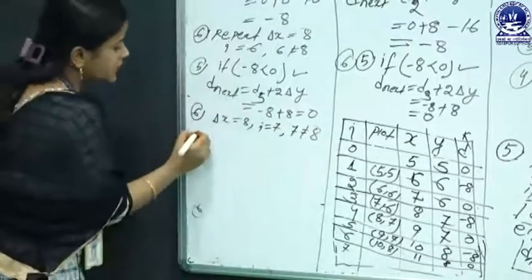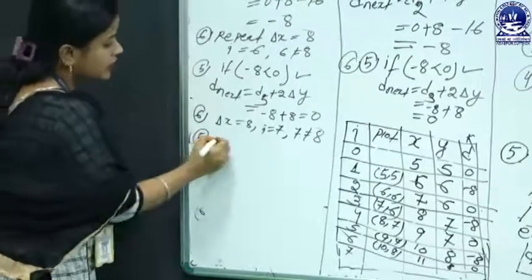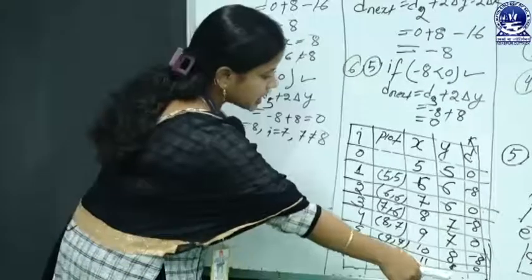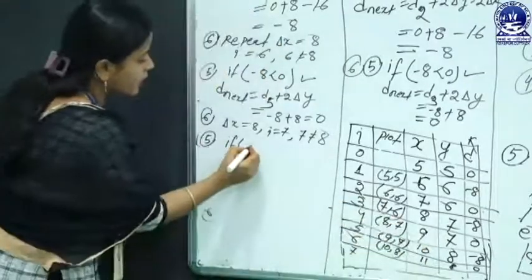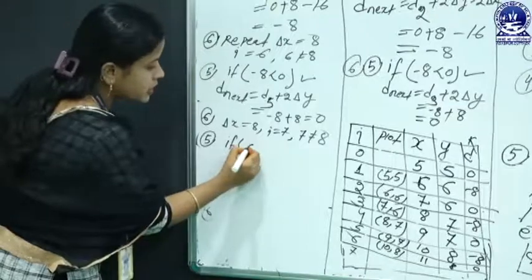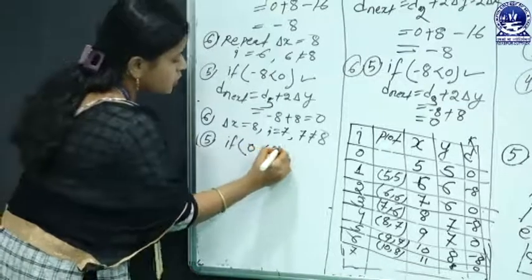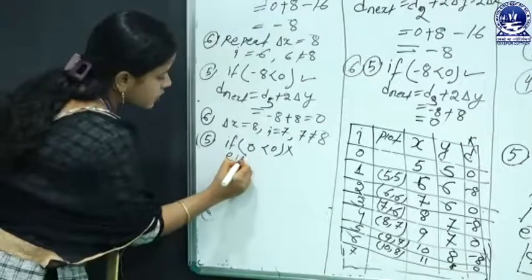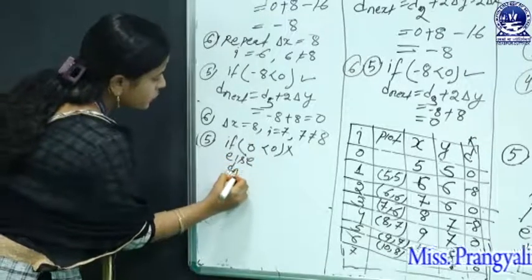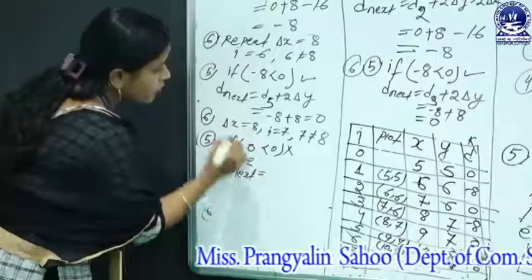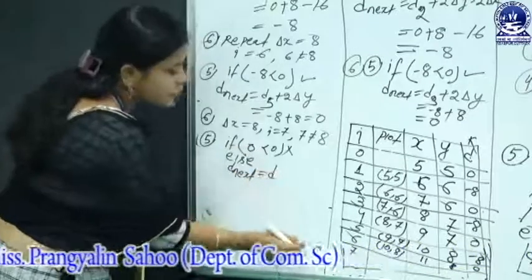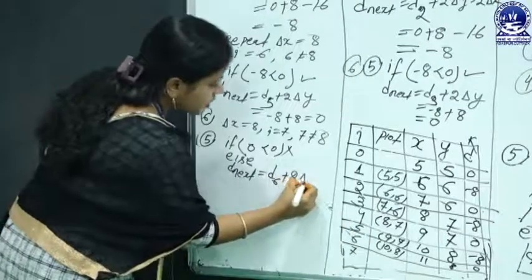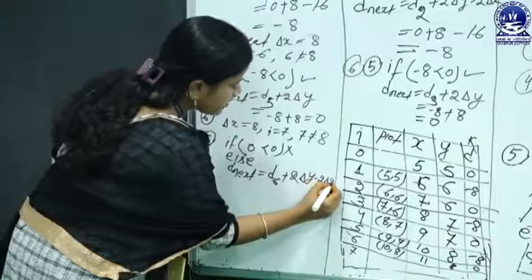So again step 5 is executed. Here in step 5, the previous decision variable value, that means d6, that is 0, is less than 0? No, the condition is false. Then it goes to the else condition. In the else condition, we generate the next decision variable formula, that's the previous decision variable value, that means d6, plus 2 delta y minus 2 delta x.